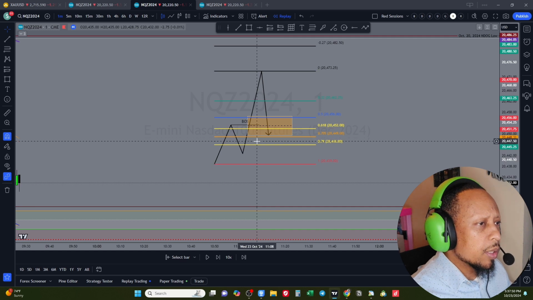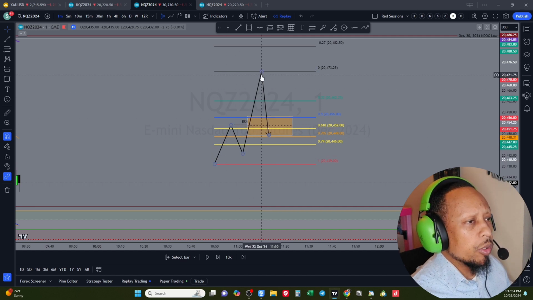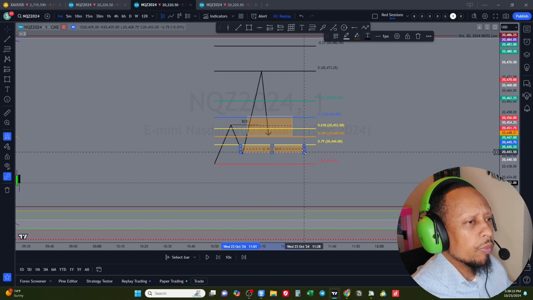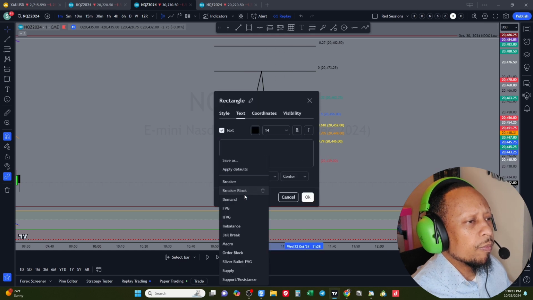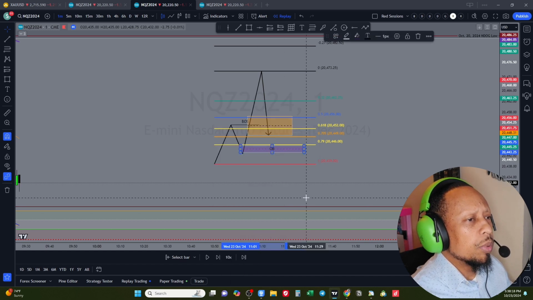On an A plus setup, you're going to have the break of structure. You're going to have down here an order block. So this would have been like the last red candle, right up in here somewhere. So you would have an order block down the bottom. Got your order block.